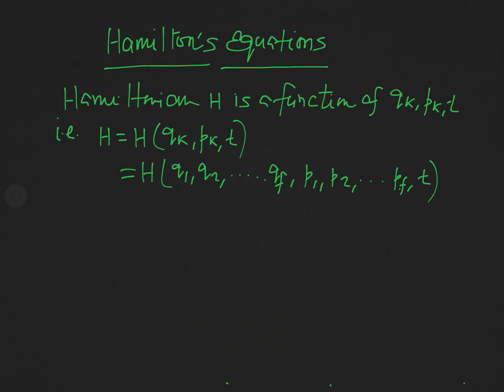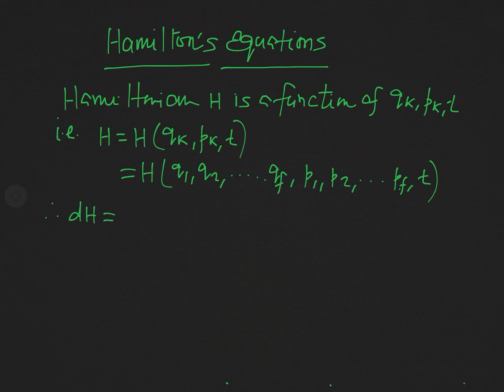Now I would like to find the infinitesimal change in this Hamiltonian to derive the Hamilton's equation. So therefore we can find dH. As you can see, H is not a function of only one variable, but it is a function of 2f plus one independent variables. So we must follow the rules of partial differentiation.